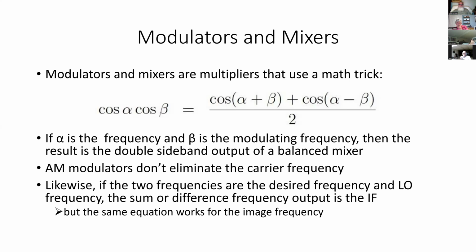If the image frequency, which is lower than the local oscillator, will also get mixed down to the intermediate frequency.